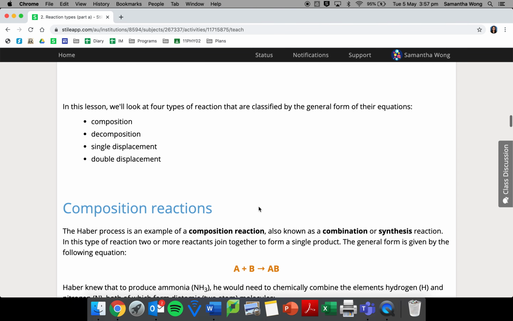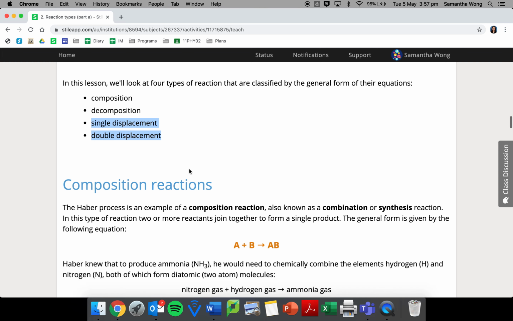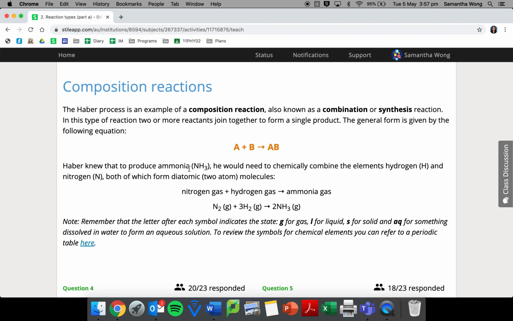The next part here. So across the next two lessons, we will be looking at the composition reactions and decomposition reactions. And the following lesson would have been on single displacement and double displacement reactions. Now, a little bit more about composition reactions. So earlier the Haber process was mentioned.